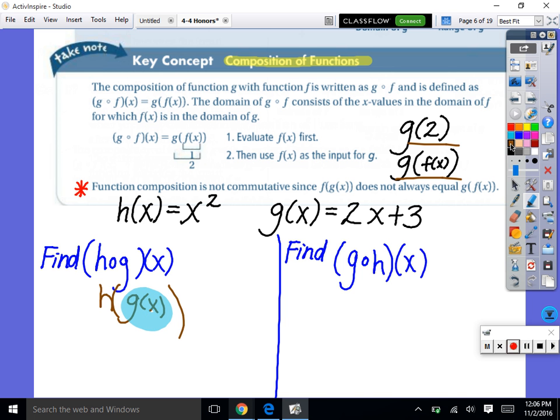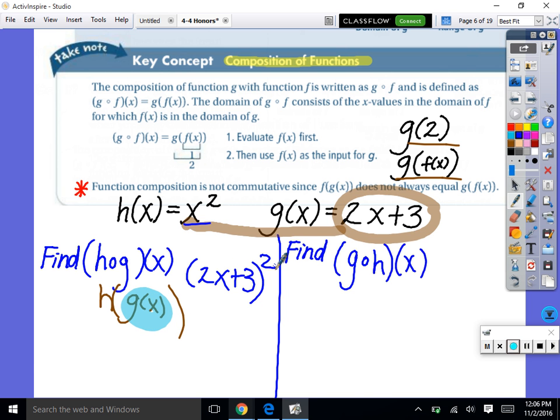So watch. Locate g of x. We're plugging that into the function h of x wherever there's an x. Not multiplication. You're replacing it. Just like if it was h of 2, you put a 2 squared, right? Okay, so that's what we're doing. So we have parentheses. Anytime we make a substitution, we'll use parentheses. So we're plugging that in wherever there's an x. So we have (2x plus 3) squared.